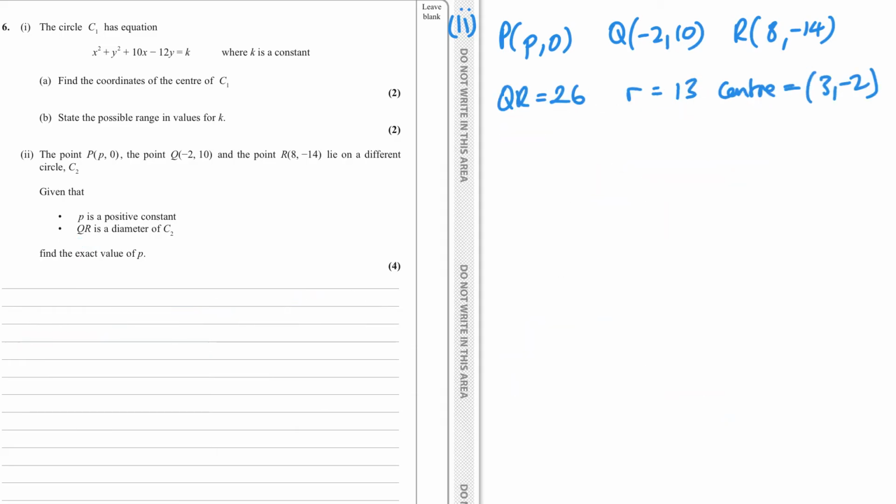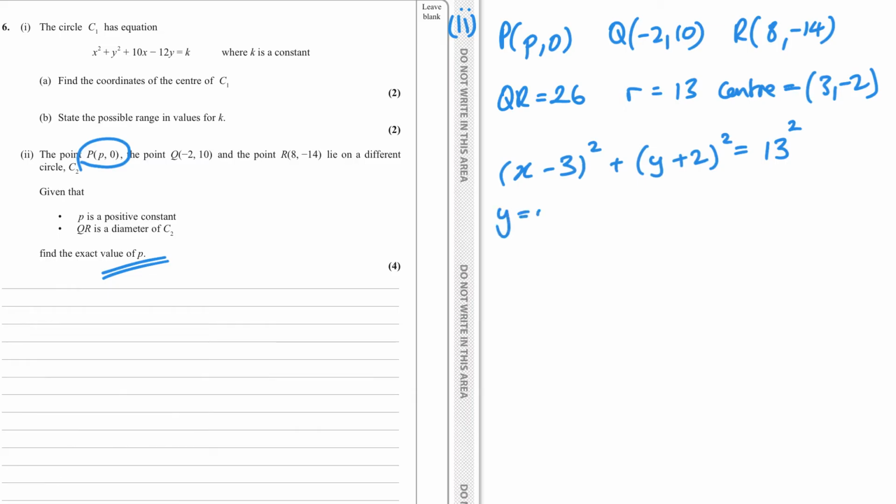Now it's very easy to state what the equation of the circle is. So it's going to be x minus 3 squared plus y plus 2 squared equals 13 squared. Now we want to find the exact value of p. And looking at point P, the y is 0.